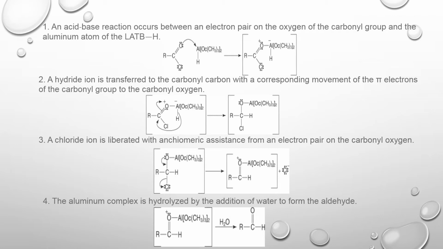In the first step, an acid-base reaction occurs between the electron pair on the oxygen of the carbonyl group and the aluminum atom of the LATBH. Remember, the reaction between this electron pair on the oxygen and the aluminum in the reducing agent gives this type of adduct.